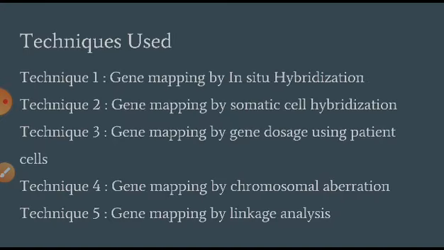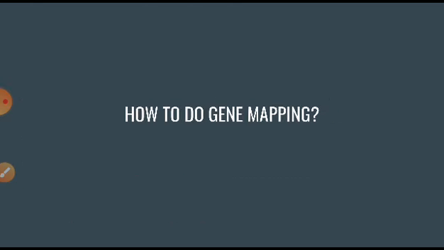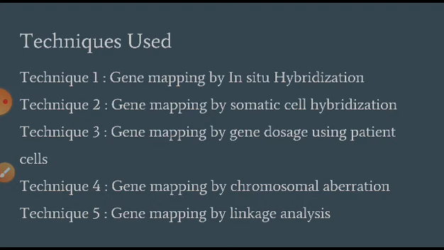How to do gene mapping? There are five distinct techniques which have been utilized to do genetic mapping. These five techniques include genetic mapping as well as physical mapping. Technique 1, gene mapping by in situ hybridization. Technique 2, gene mapping by somatic cell hybridization. Technique 3, gene mapping by gene dosing using patient cells.